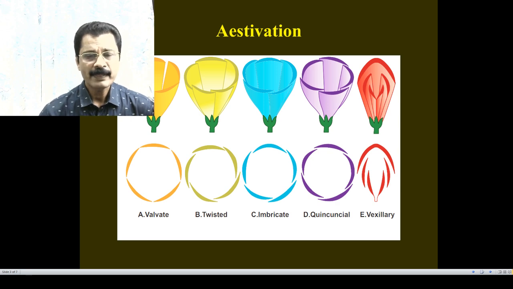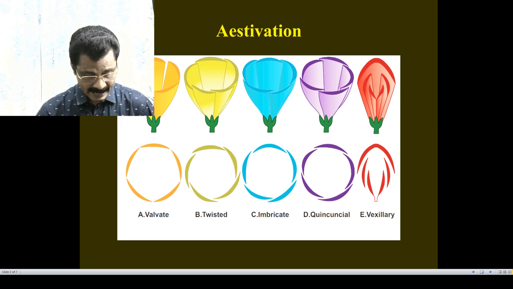Would you follow me? There are 5 sepals or petals. One sepal or petal is completely outside, one is completely inside, and the remaining 3 are in and out condition.